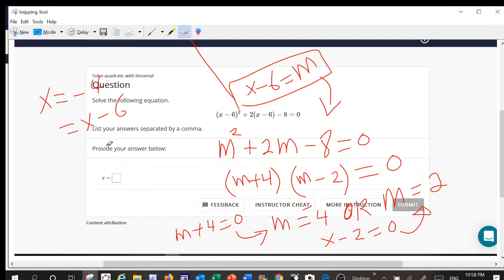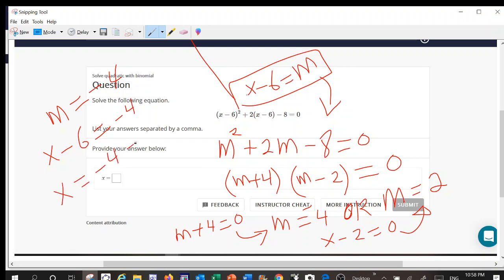So if m is negative 4, what is x equal to? Well, we know that x minus 6 equals m, and m is negative 4. So x is going to be negative 4 plus 6, which is 2.